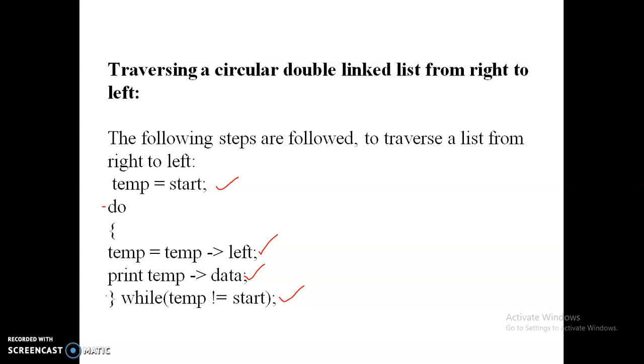So carefully listen to these lessons, note them down, and also execute the program which is already in the DS notes material. You have the circular double linked list program. So copy it to Code::Blocks or any online editor and execute the program.